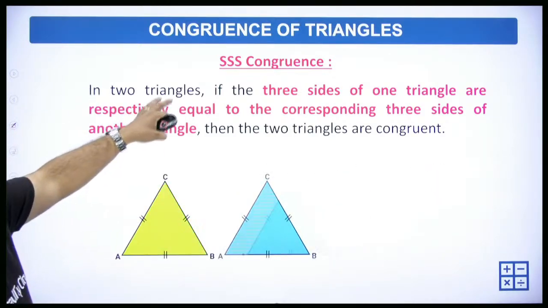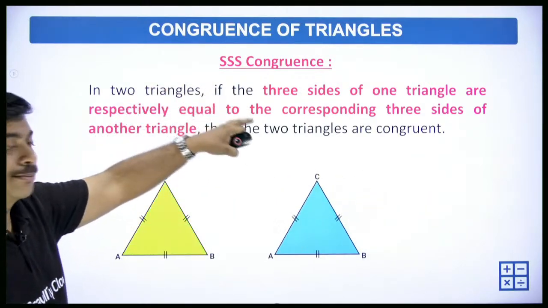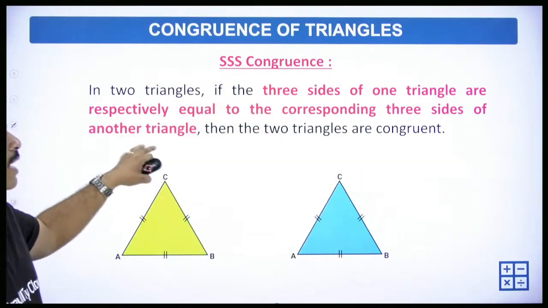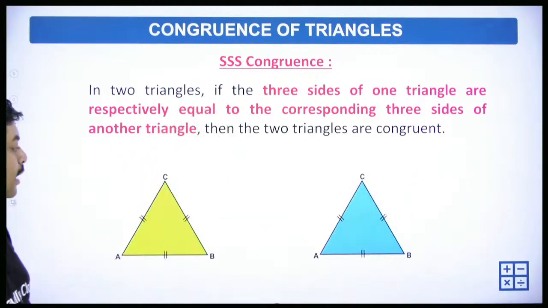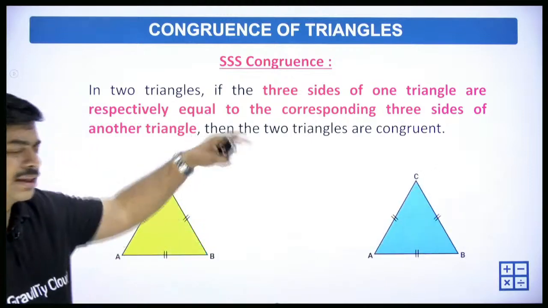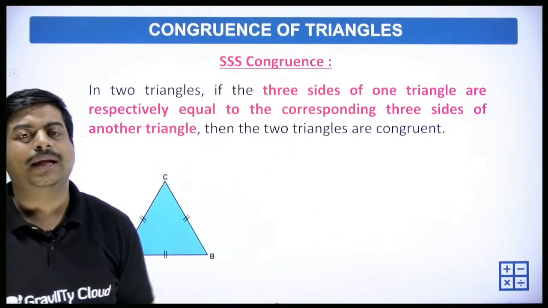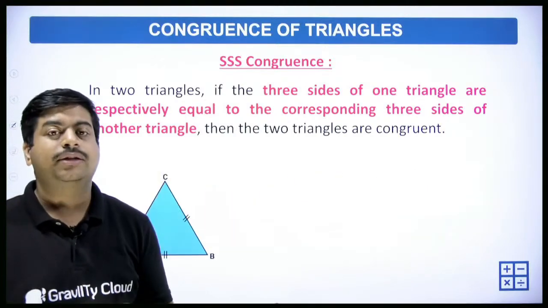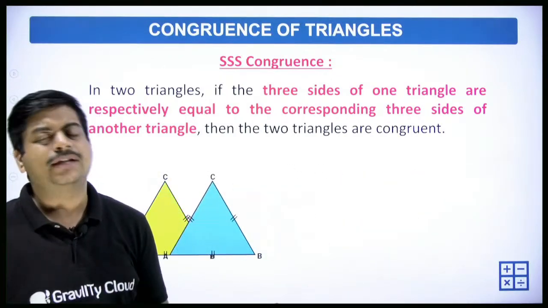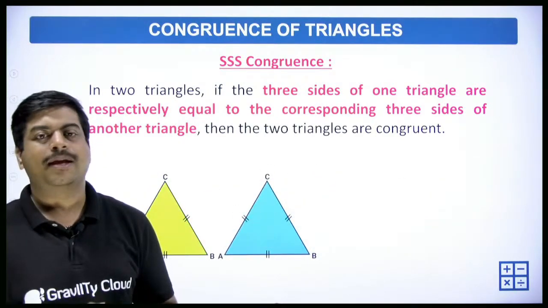So if the three sides of one triangle are respectively equal to the corresponding three sides of another triangle, the two triangles are congruent. You can see here, right? All three corresponding sides are equal, so using SSS congruency, those two triangles are congruent. Congruent means they are similar, right? Corresponding angles as well as corresponding sides will be the same.